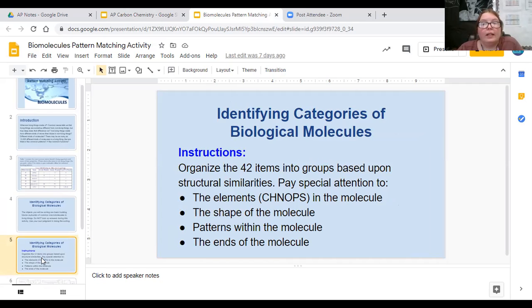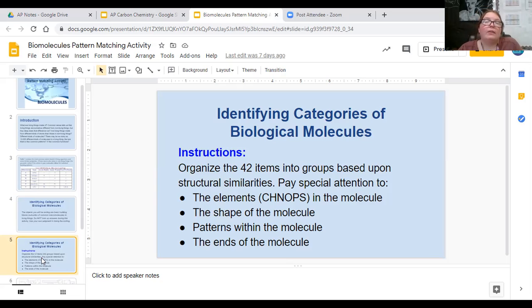Things to pay attention to: the elements, CHNOPS, I've heard it done like "chomps" or something. Carbon, hydrogen, nitrogen, oxygen, phosphorus, and sulfur are the 6 most common elements in living things. Those are the chemical symbols that you more or less need to know just for AP Biology.